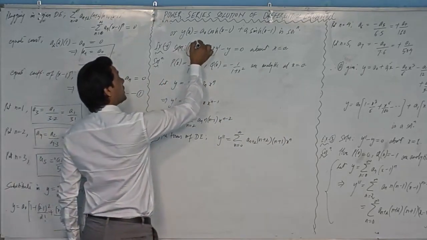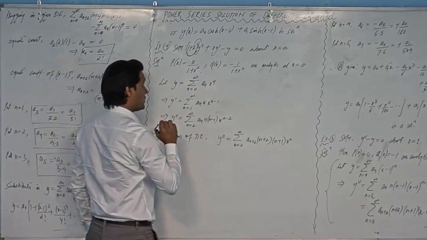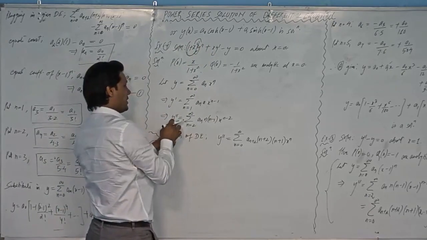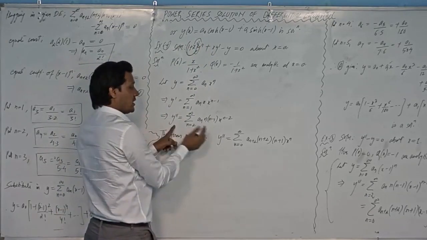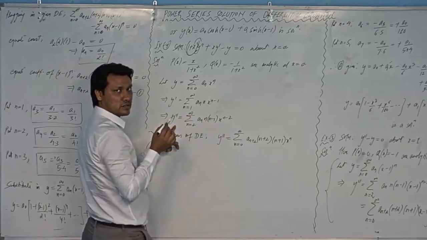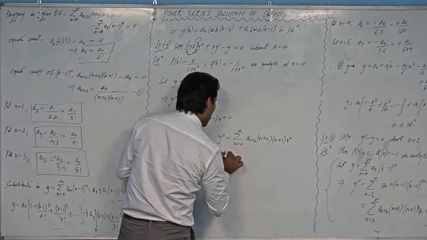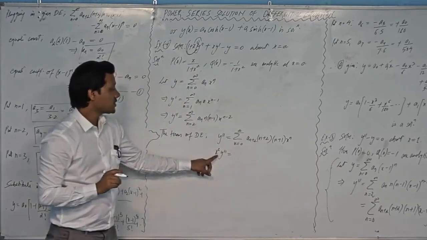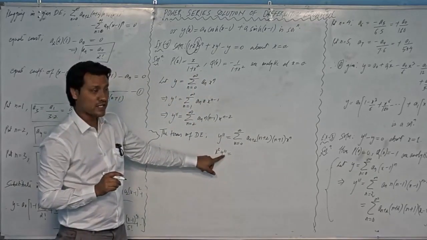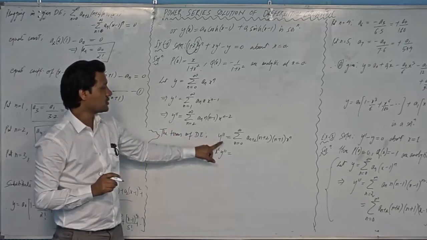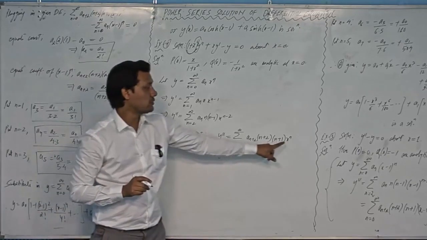Now see the second term. Second term is x square times y double dash. If I multiply it by x square, then ultimately I will be having x to the power n, right? And then my work will be done. So x square y double dash, and we are multiplying x square with y double dash with this term, not with this. Otherwise that will produce x to the power n plus 2.